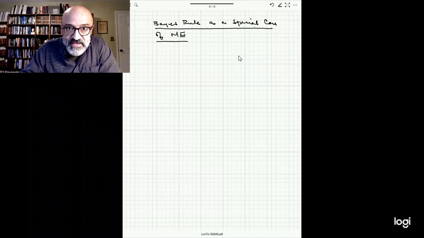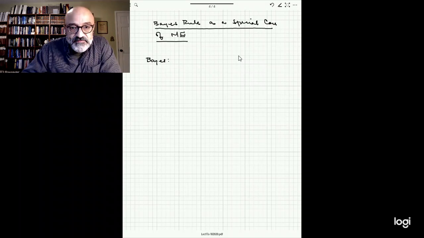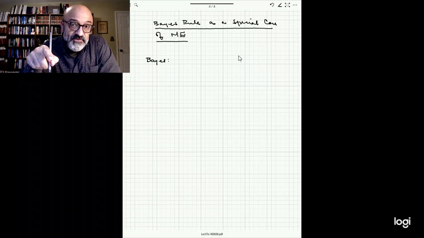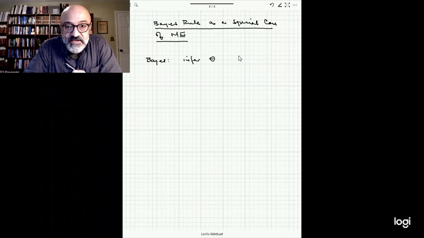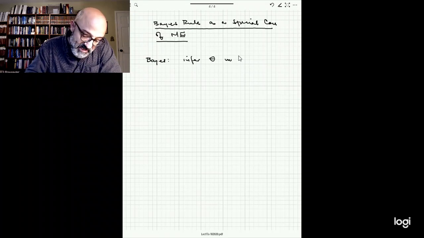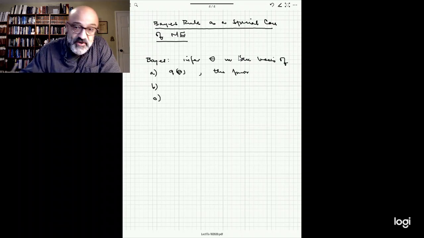Let us recall how Bayes works. When you want to do Bayesian updating, what you're trying to do is an inference about a parameter theta. So we want to infer theta on the basis of three things. One of them is prior information, the prior.